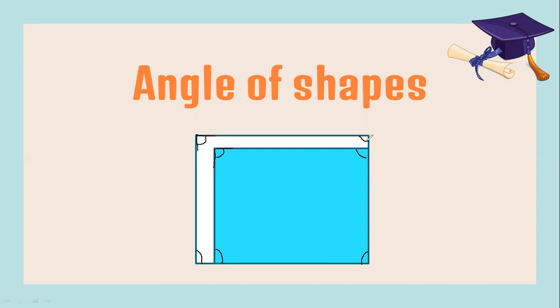Yes, so this is an angle from this shape. You can say this one has another angle too. This one also is an angle. This one also is an angle. So basically, an angle is when you have two lines that meet at a point. So from this case, the shape has a lot of angles.